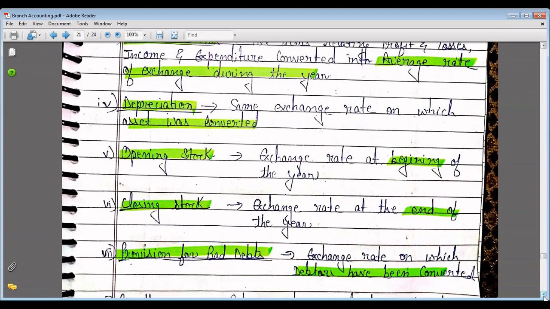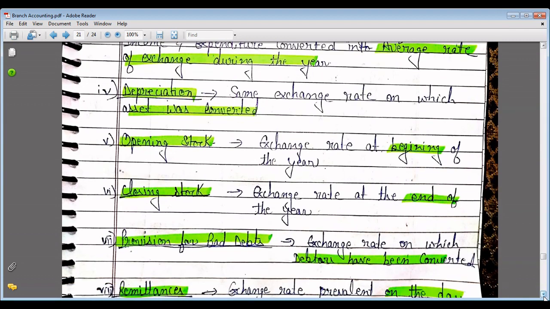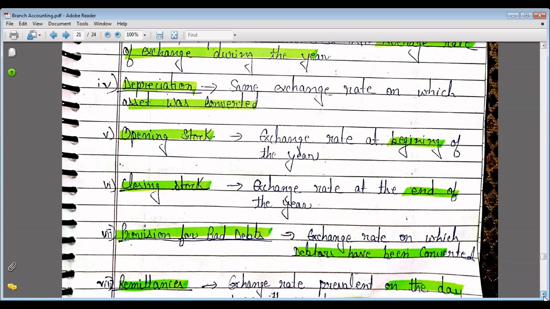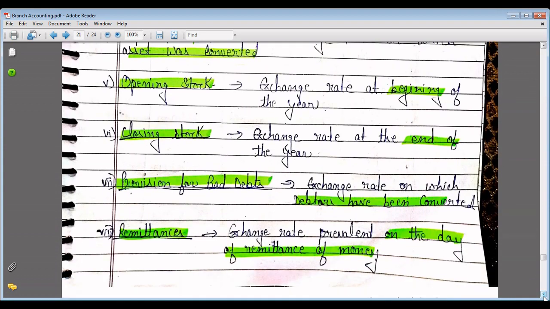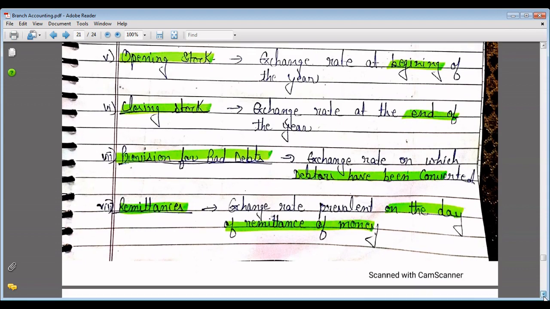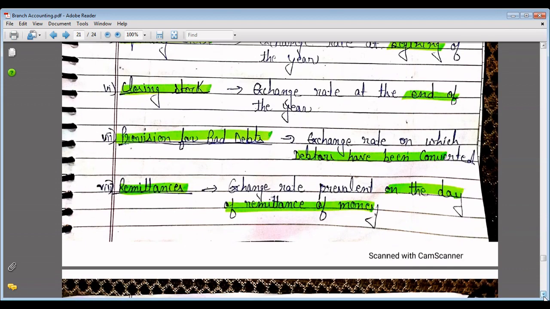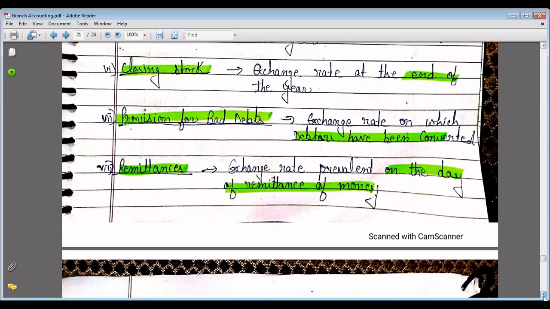Opening stock will be converted at the exchange rate at the beginning of the year, and closing stock will be converted at the exchange rate at the end of the year. Provision for bad debts will be converted at the rate at which debtors have been converted, and remittances at the exchange rate prevalent on the day of remittance of money.